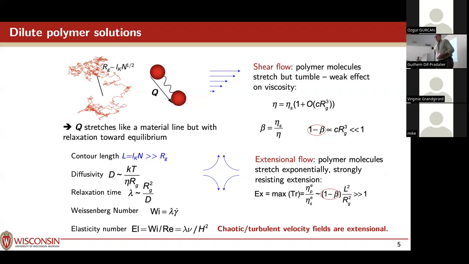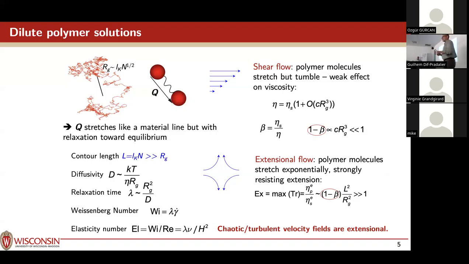Right. So we can think a little bit about kinematics. So we know that Q wants to stretch like a material line. In a simple shear flow, material line stretching is linear in time. And the polymer molecules won't become strongly stretched in a simple shear flow. And so because of Brownian motion, they'll stretch and tumble in a shear flow.